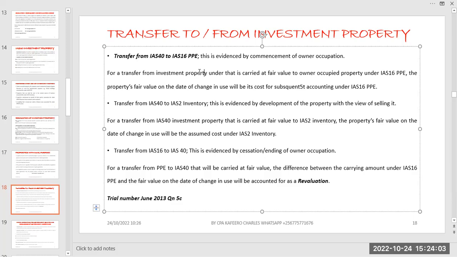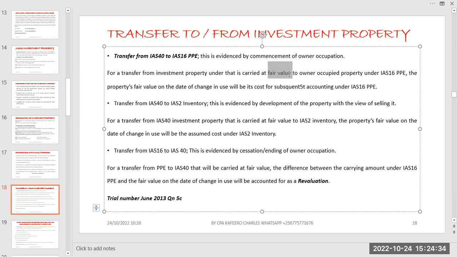Evidence must be there. And for a transfer from investment property that is carried at fair value, remember we said within investment property, subsequently we measure these items at fair value.